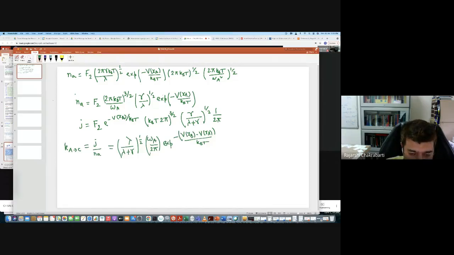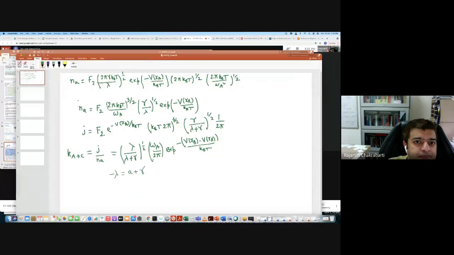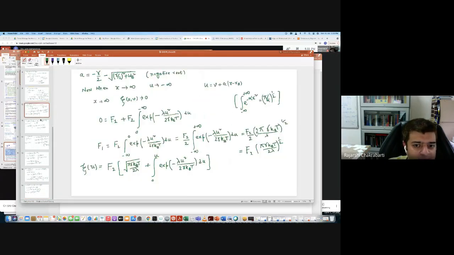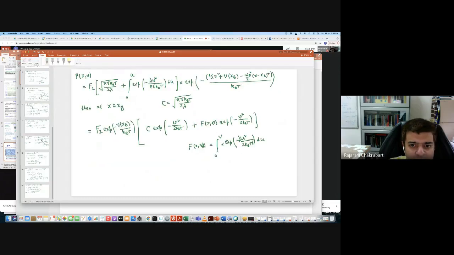If I go back to your class notes, you will see in the class notes itself that if you go a few slides back, you can check that minus lambda was equal to A plus gamma. Can you check this? It should be somewhere here if I go back to the class notes, because when you defined this, it was like this. Where was that?